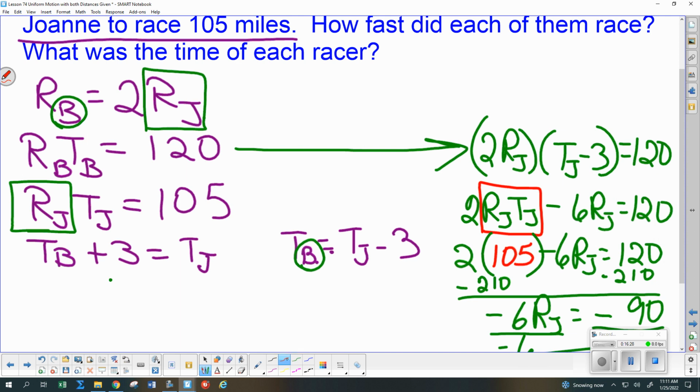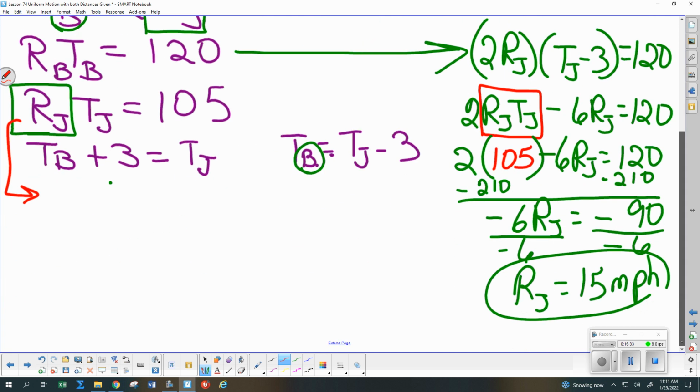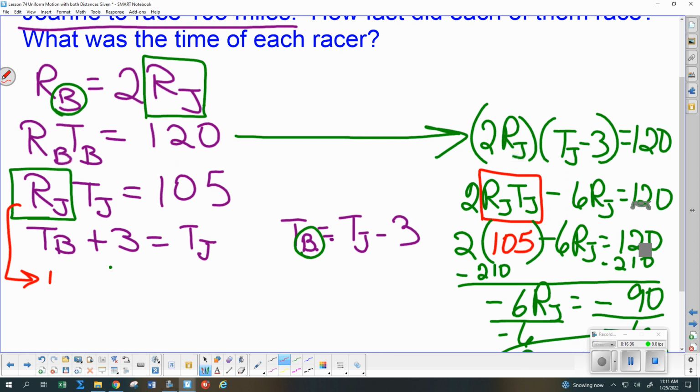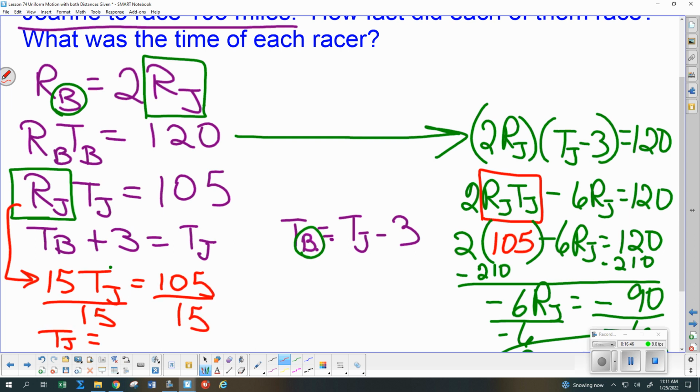Okay, so you wanted to use this one, and we just said RJ was 15, so 15 TJ is 105. Divide by 15, and who can tell me what TJ needs to be? Already got that? Everybody good with 7? And those were hours. So now we have the RJ, and we have the TJ.